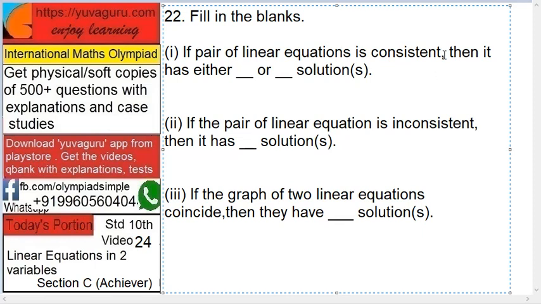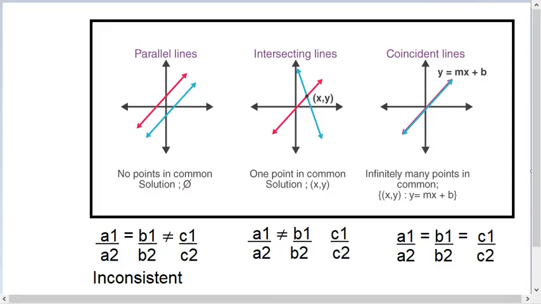Then put it in 3. 1 plus q equals 6. q equals 5. So the values are 1 and 5. That's what is given. Right? So the answer is true. But you need not do all these steps. Just put the values 1 and 5 in this and you will get 2 upon 6, that is 1 upon 3, and the answer is true. Don't waste your time like I have done.